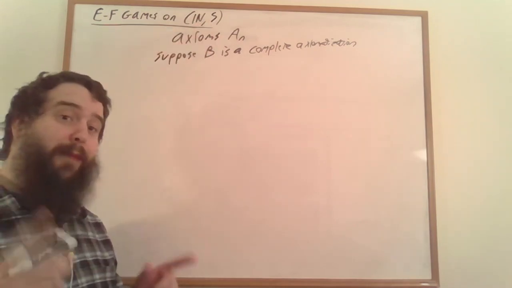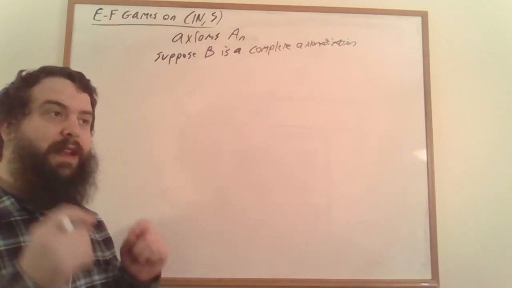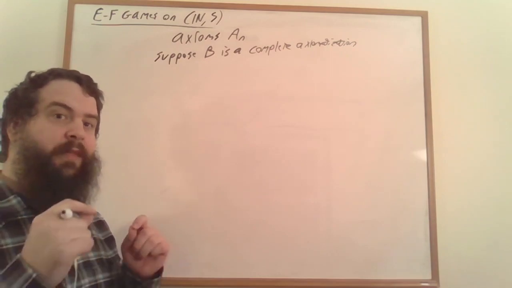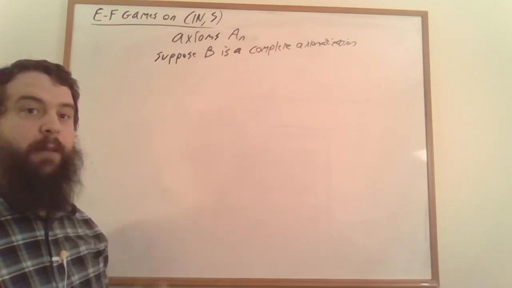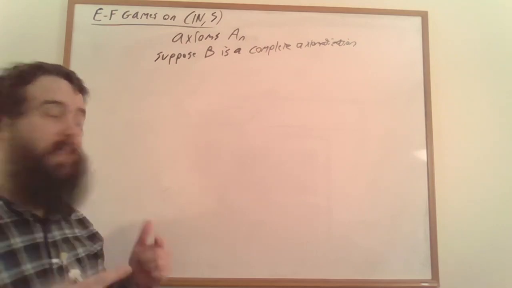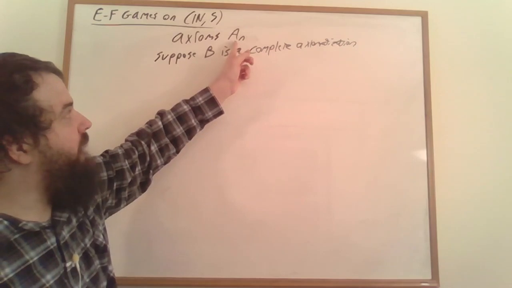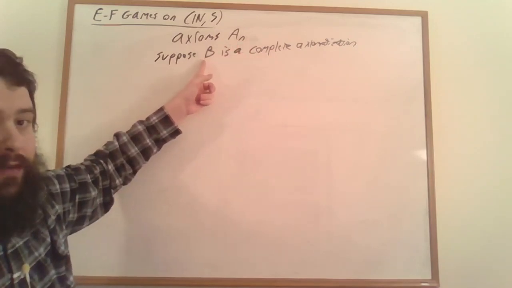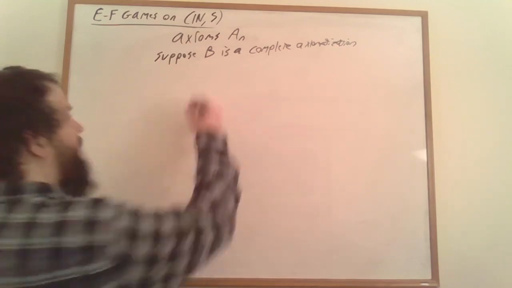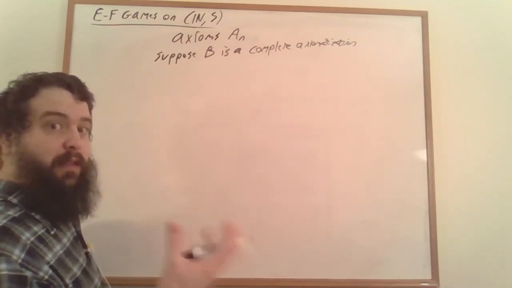Now, if you remember back to our compactness video, there's an exact relationship between structures existing and proofs, specifically proofs of consistency. But this exact relationship tells us that if whenever a structure satisfies a set of formulas, then it necessarily also satisfies another formula, then we actually have logical implication in the proof sense.